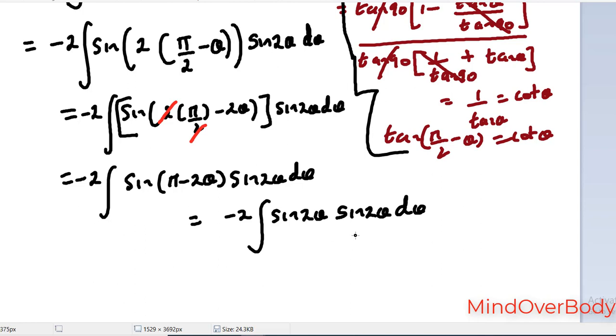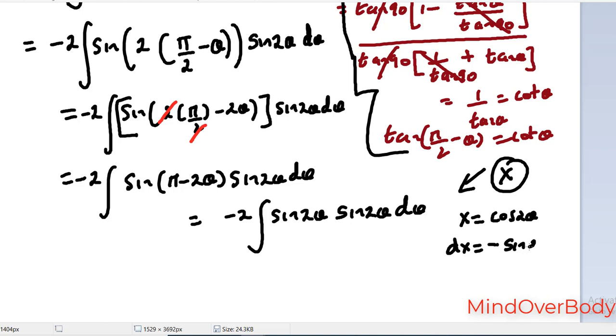Now I'm going to do a trick here. I'm going to convert everything back to x terms. If you remember, I took x is equal to cos 2 theta, and subsequently I got dx to be equal to the differentiation of cos 2 theta, which is negative sine 2 theta, and the differentiation of 2 theta is going to be 2 with the d theta there.